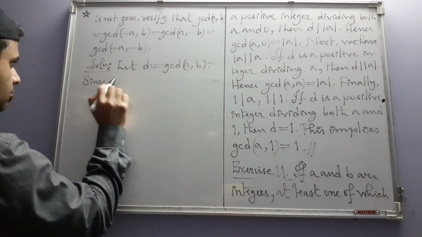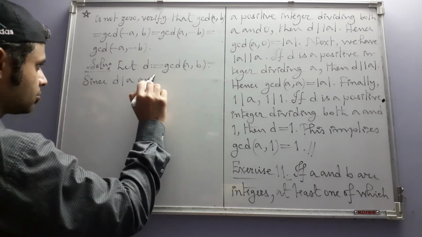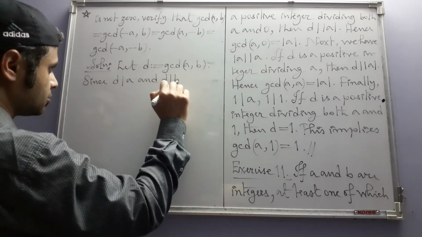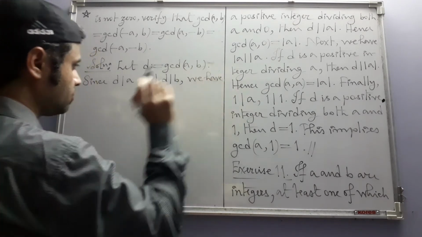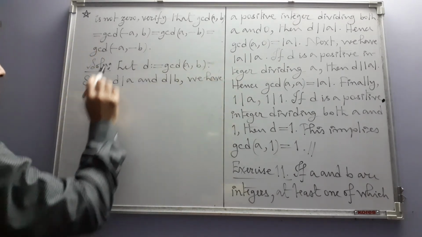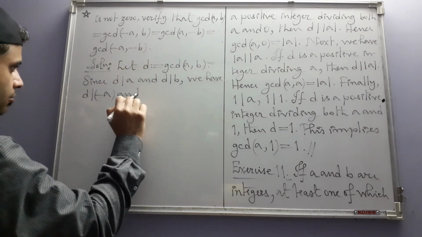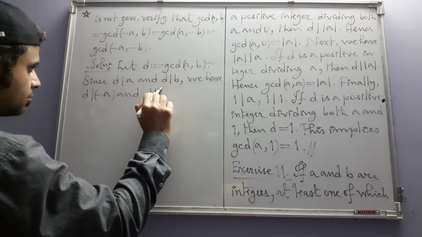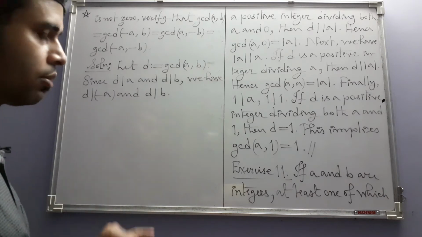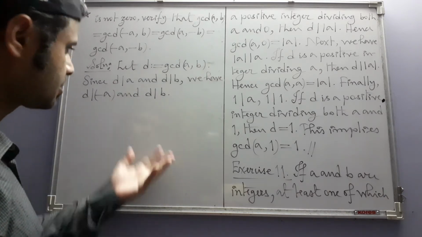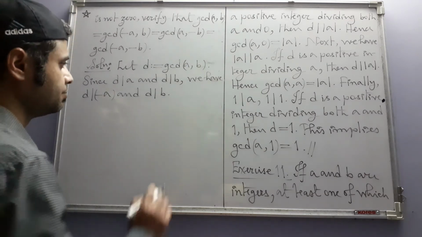Since D divides A and D divides B, we have D divides minus A and D divides B. So that means D is a common divisor of minus A and B as well, just like it's a common divisor of A and B.